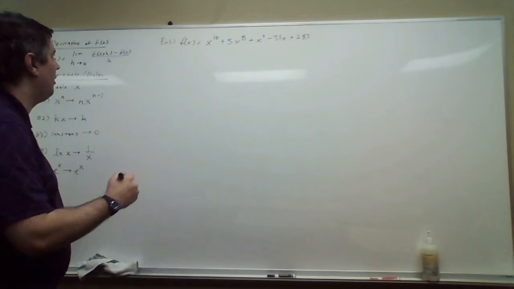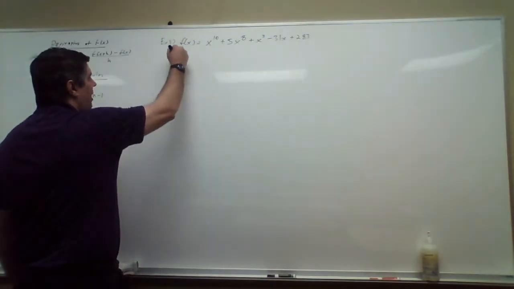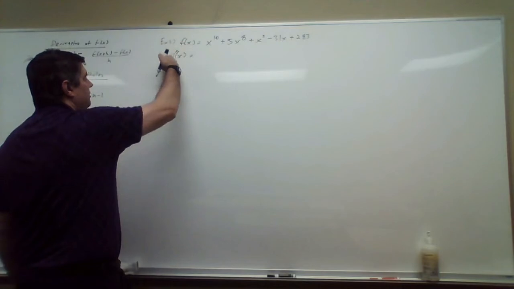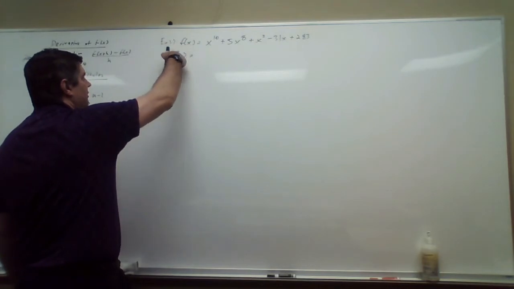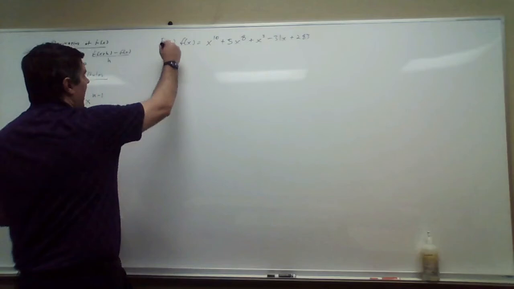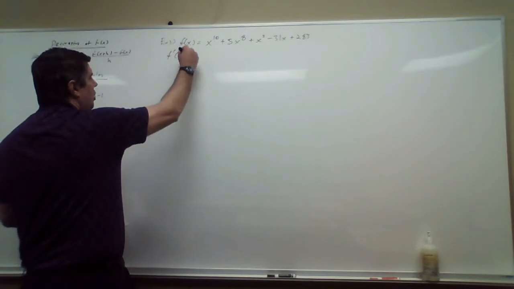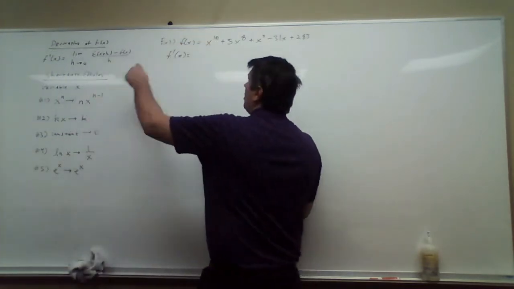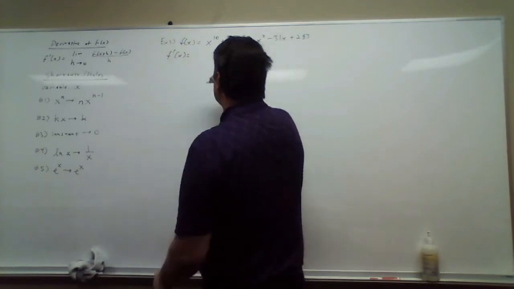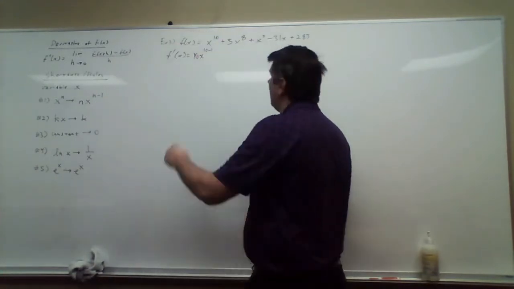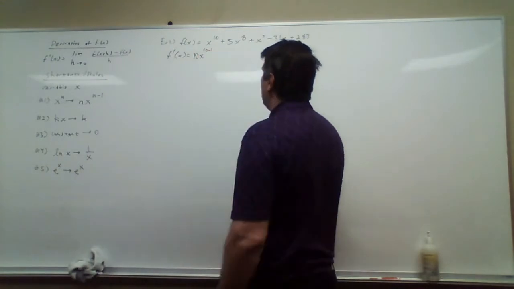Well, the derivative, f prime of x, will equal, per this rule, you're going to move the 10 to the front, and you will take the power down a power.